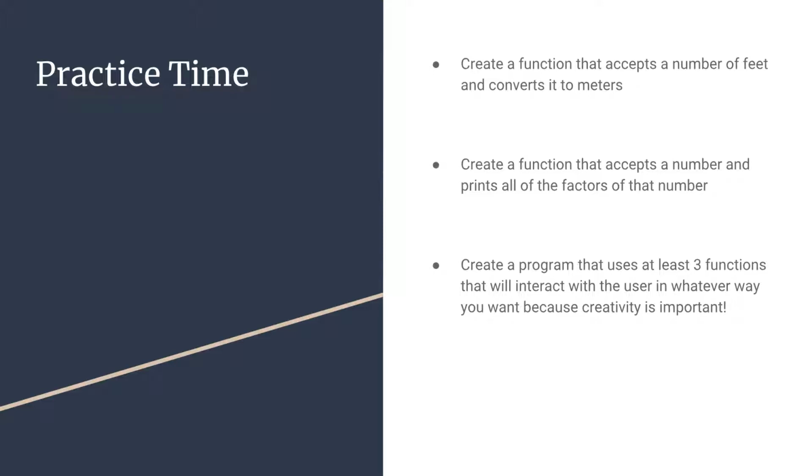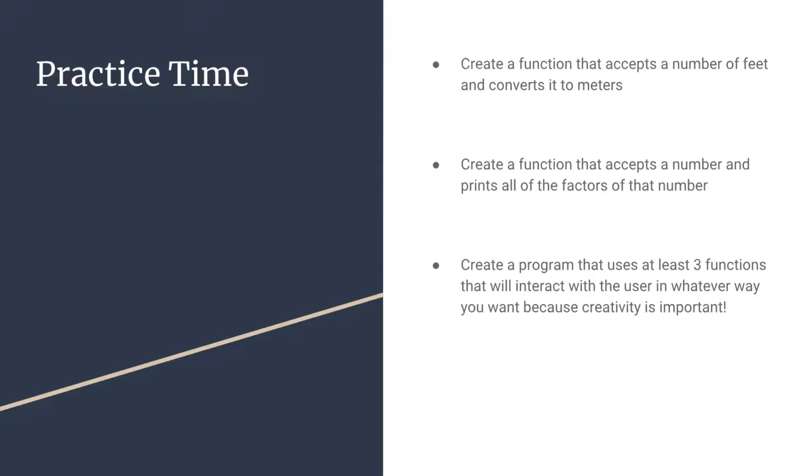So that should show you I can input this certain number of feet, and then it will output this number in meters, and you can try to both print that output as well as return the output and then print it through a variable. And then alternatively, you can create a function that accepts a number and prints all of the factors of that number.